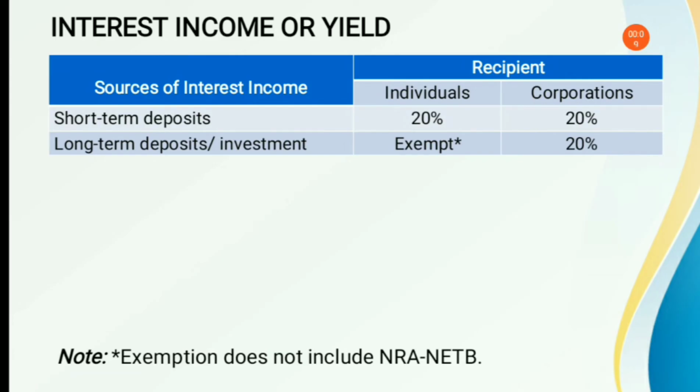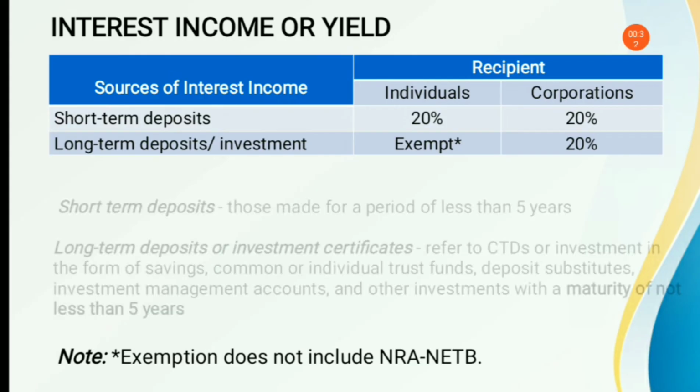So, for the interest income coming from short-term deposits, it is subject to 20% for individuals and then also 20% for corporations. And then for interest income from long-term deposits or long-term investments, that is exempt on the part of individuals. And then for corporations, it would still be 20%.